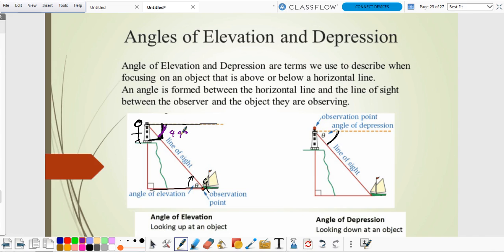What would this angle be? If it all equals 90, that's 49, so what should this angle be? 31, good. That's 31 degrees, because it should always equal 90. Just keep that in mind with these sort of questions.